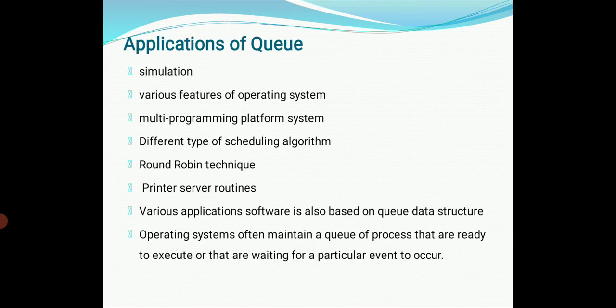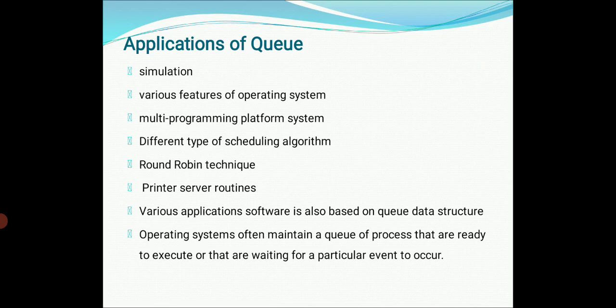Then go to the applications of queue. What are the applications of queue? The applications of the queue are, first, simulation; second, various features of operating systems; third, multi-programming platform systems; then different types of scheduling algorithms, round robin scheduling techniques, print server routines, and various application software also based on the queue data structure.